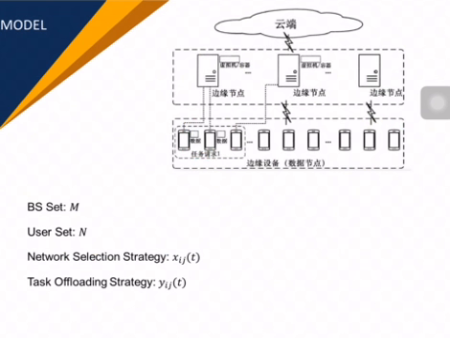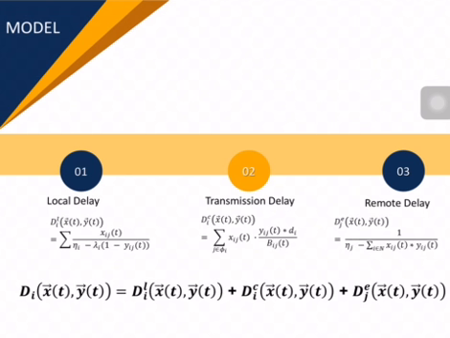Hence, the whole processing delay consists of 3 parts: local delay, transmission delay, and remote delay. Each of them can be calculated as follows. The goal of our problem is to minimize the whole processing delay in a given time span.